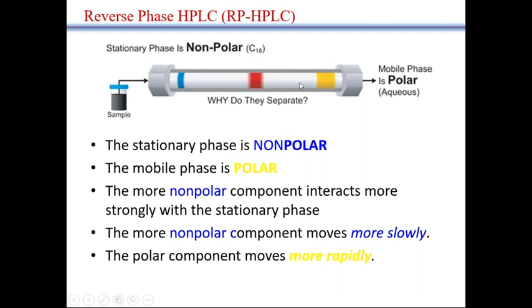So here the stationary phase is non-polar, the mobile phase is polar, the non-polar component moves more slowly, so therefore it will elute last, and the polar component moves more rapidly because it will not interact with the stationary phase. So the polar will elute first and the non-polar will elute last, and this is the exact opposite of normal phase chromatography.